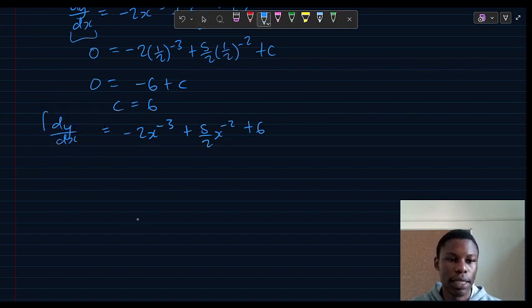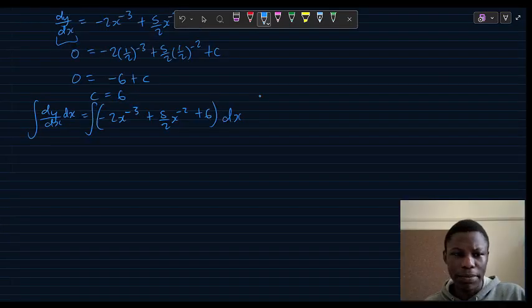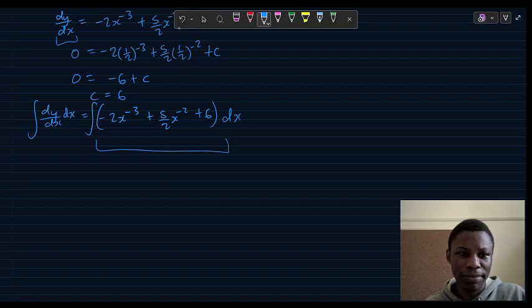So again, you're integrating both sides with respect to x. So I'd made a mistake on integrating this. I noticed that after I'd finished recording, so I'm just going to correct that. If you integrate dy dx with respect to x, you get y.